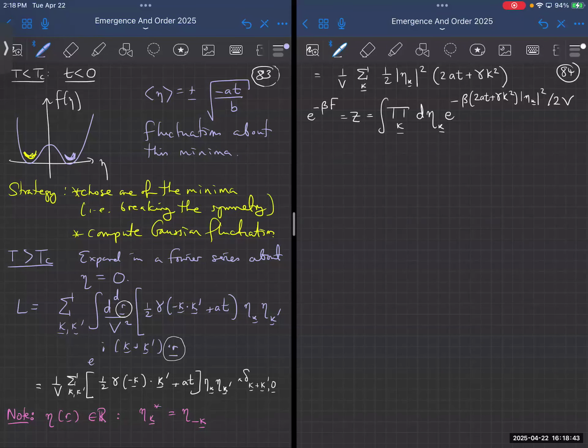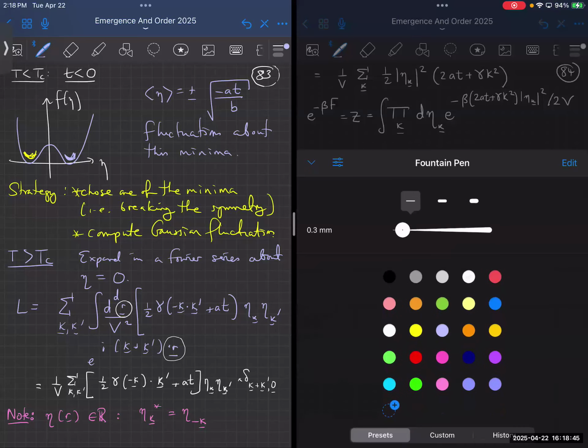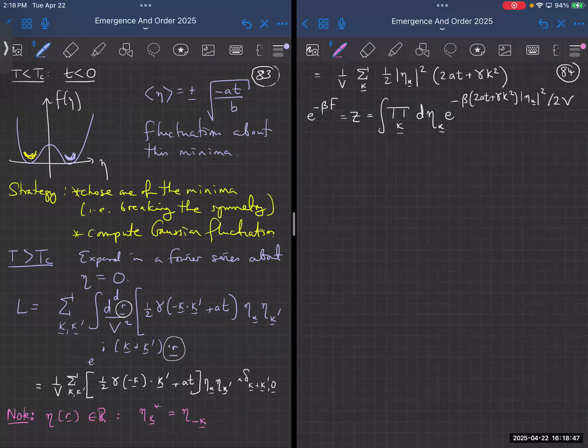Okay, now another comment: when I write down eta of k squared like so, it means the real part of eta of k squared plus the imaginary part of eta of k squared. So that's what we mean by that.